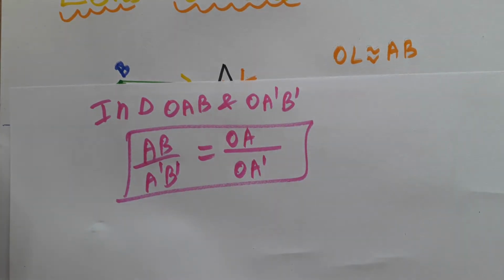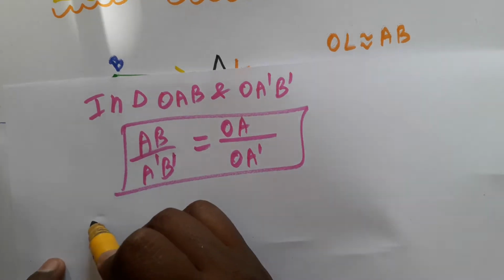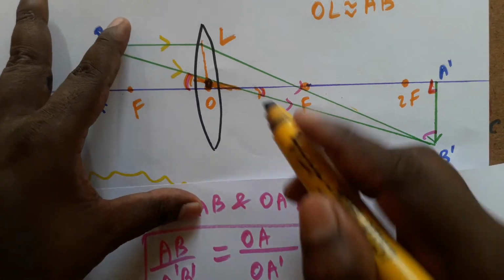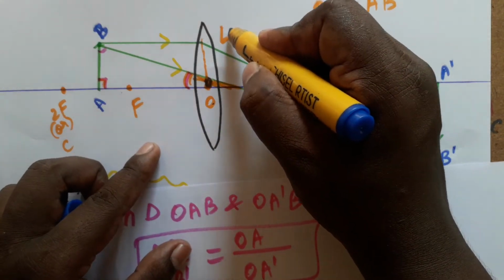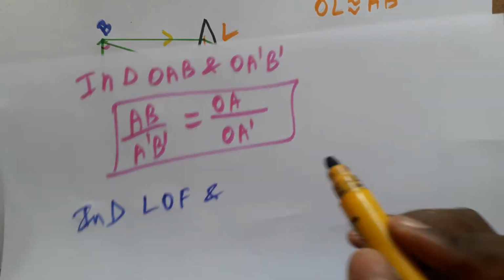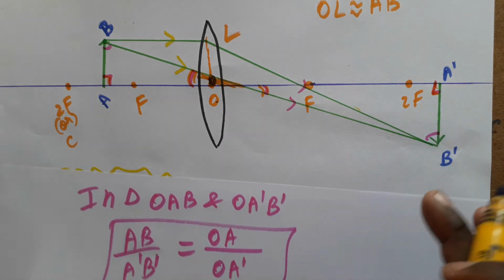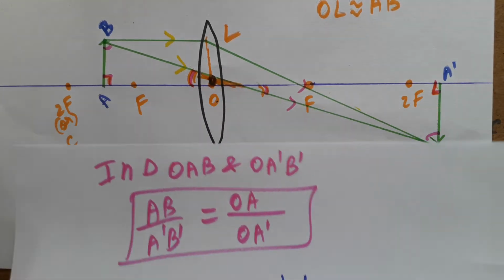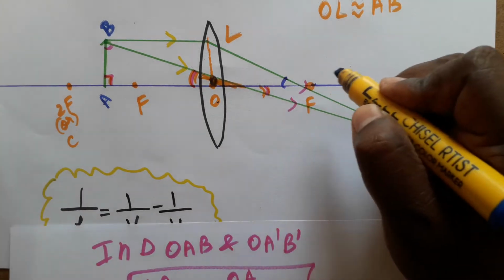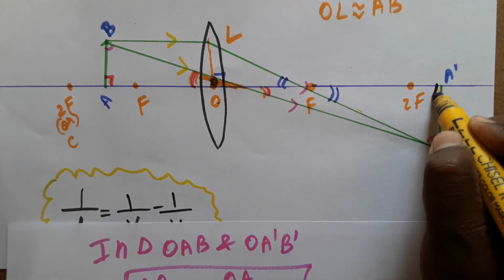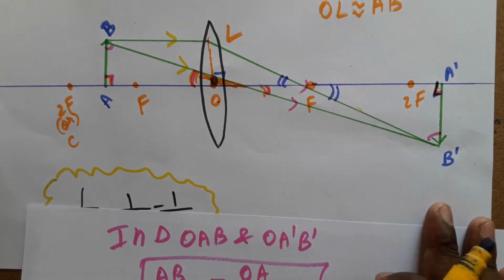Again I am going to take one more pair of similar triangles. These are the two triangles: LOF and the other triangle FA'B'. These two triangles are also similar because this angle is equal to this angle, and this is perpendicular to the principal axis.